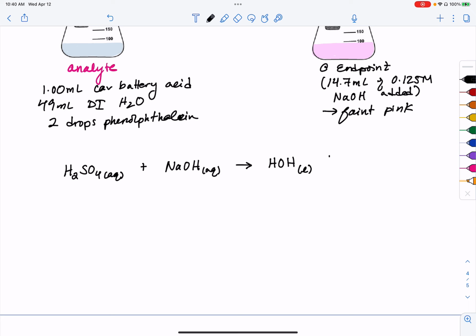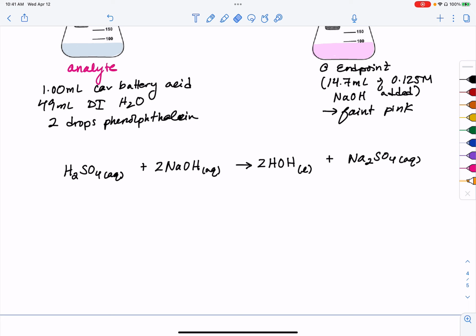And then I'm going to have left over my sodium and sulfate, so this becomes Na2SO4 in solution. And if I want to make sure this is balanced, I will notice that I have two H's but only one OH here, so I need to double the amount of NaOH. That will then double the amount of water made.